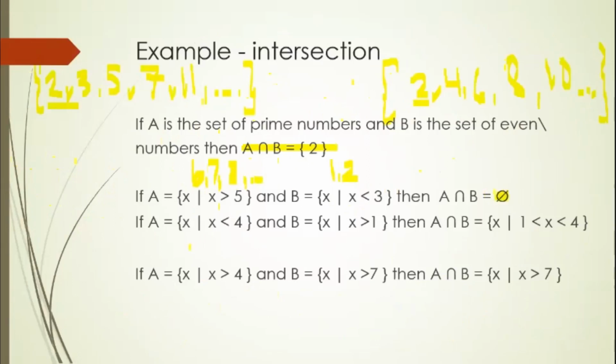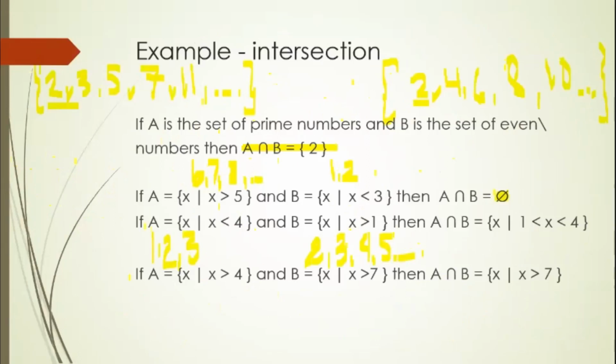What about this one? X less than 4. What are the numbers less than 4, which are counting numbers? So 1, 2, 3. And X contains numbers greater than 1. So that is 2, 3, 4, and let's include 5 and the dot, dot, dot.